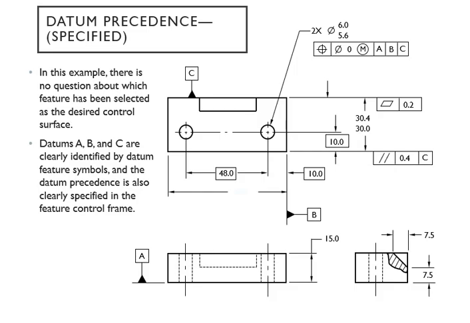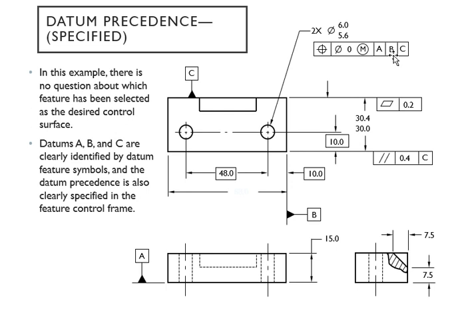All right. Specified datum is different from implied. Here we have another example. It looks like the same part, of course, and the only difference is that you have specified datums, so you have control frames right there. Specified means, hey, I'm controlling this and that.